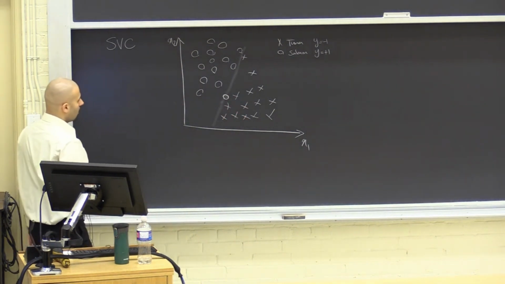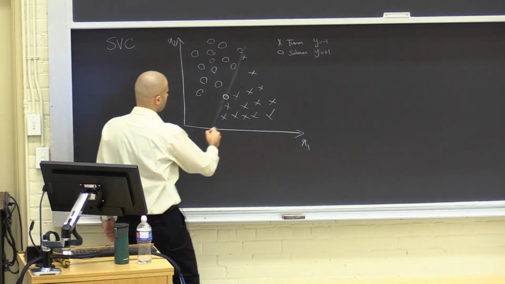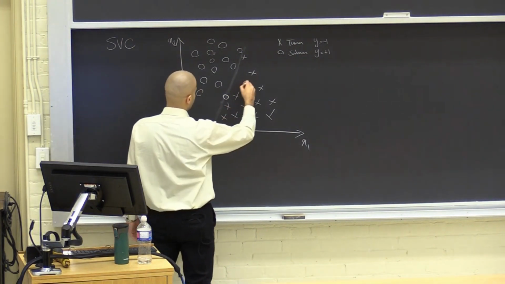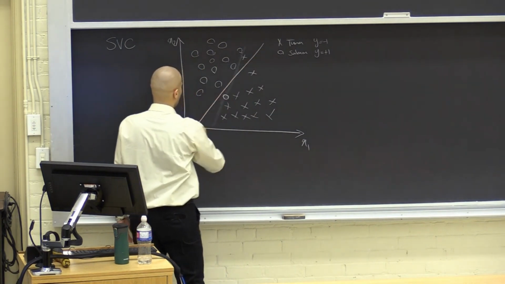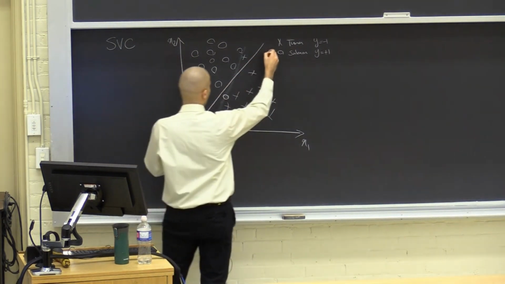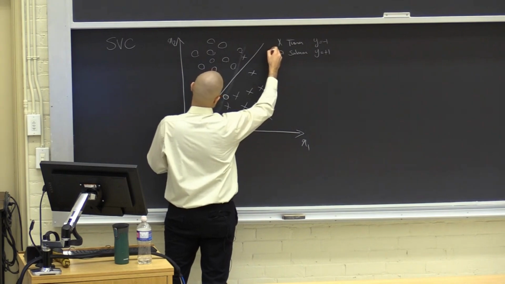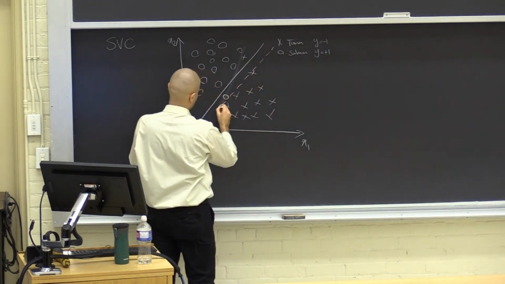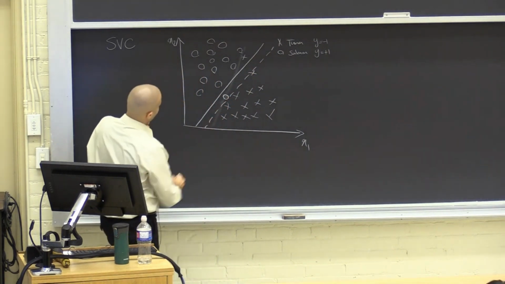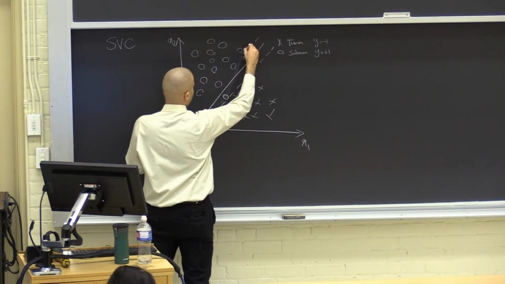So with a soft margin, the idea is that we allow some of these points to be on the wrong side. So we can get this hyperplane with a soft margin, and the margin would be something like this. And same distance here.